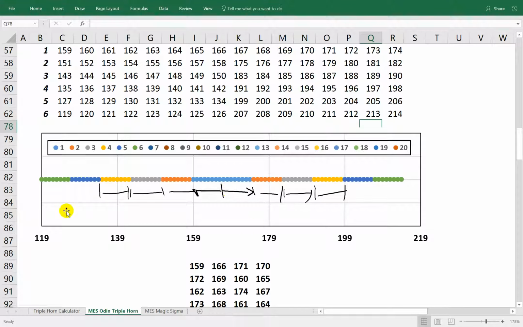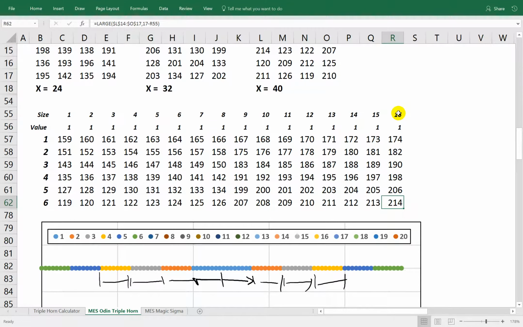So as you can see, all it does is move the crosses from 119 all the way to 214, and everything is in order of size. The 6 from 119 all the way down the middle to 126, and then 207 all the way to 214. That's 4. I mean, that's going to be 8 total. There's 4 there, and then there's 4 there.